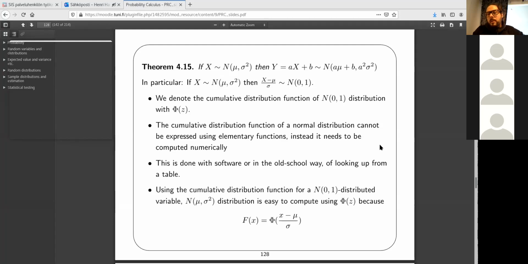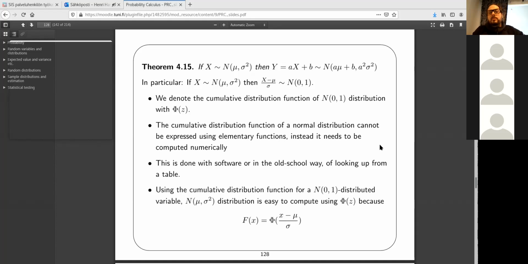This is done by first subtracting the expected value and then dividing by the standard deviation, or the square root of the variance. What we get with this is the so-called N(0,1) distribution, and this N(0,1) distribution is the one that we operate with mostly.